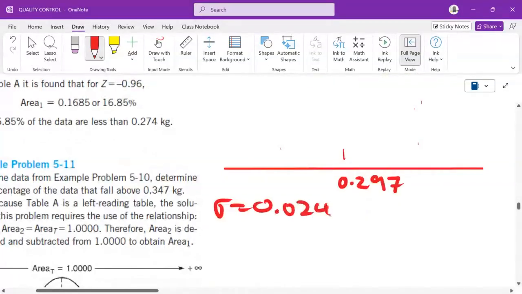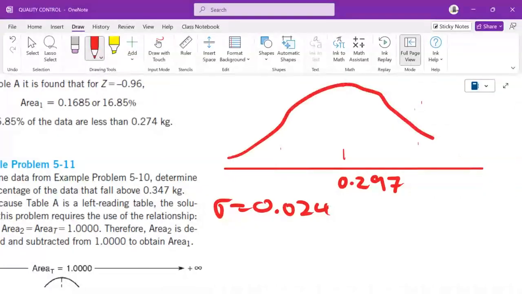Okay, then place a dot there, then follow that dot, and you have your normal distribution curve.